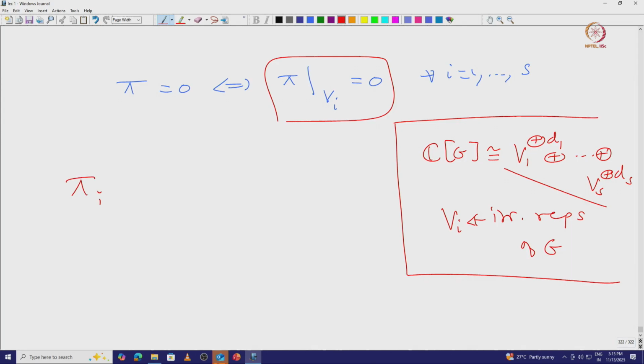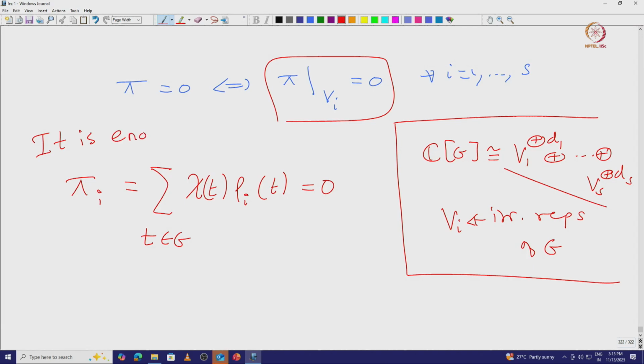Let us call it pi I, which is exactly the summation of chi of t rho I of t, where t runs over G. It is enough to prove that this is 0, because pi restricted to this V I is going to be exactly rho I, up to equivalence, since the regular action when you restrict to V I is rho I. But equivalences are nothing but conjugation.